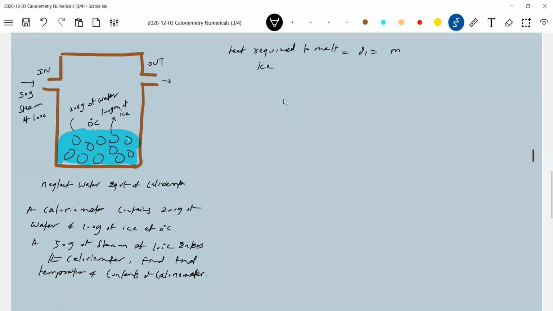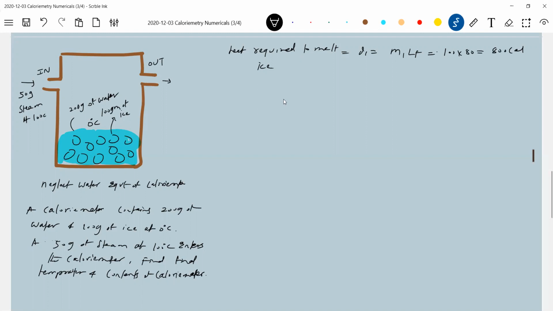So Q1 is equal to mass of ice, specific heat, yeah, let it be M1, I'll write it, it'll be easy, specific heat of ice into, okay, this one, LF. So mass of ice is how much? 100 into 80, 8,000 calories. Next, what do we have? The ice which will melt will become water.